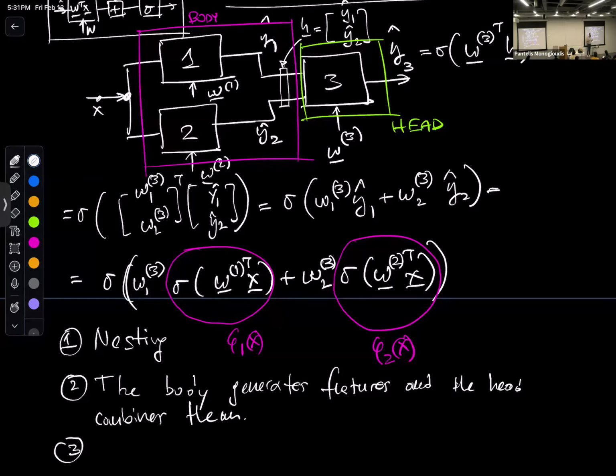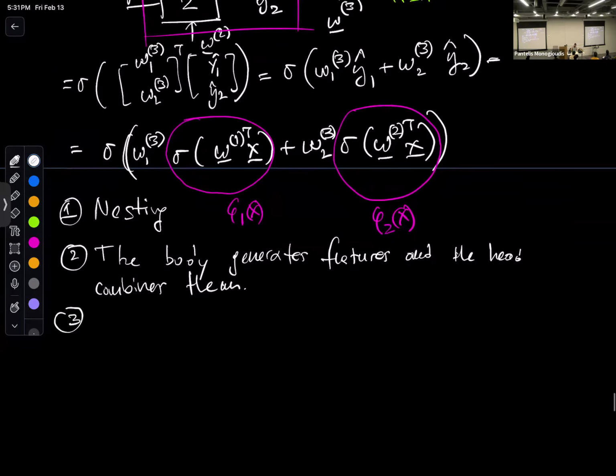They are changing all together because the W vector that I'll call theta over here is the concatenation of all the parameters of all the neurons involved in the network. As you can see from the equation, the output is a function not only of the head, but also of all the parameters of the whole network.